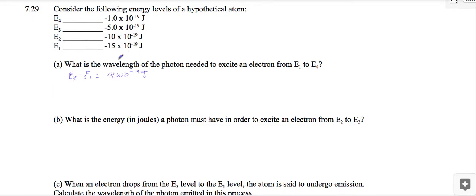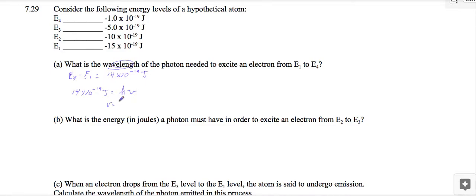And then if we want the wavelength, we have to go through that whole process I just showed up here. Kind of wish I didn't erase it. We have 14 times 10 to the minus 19th joules is equal to Planck's constant times frequency.